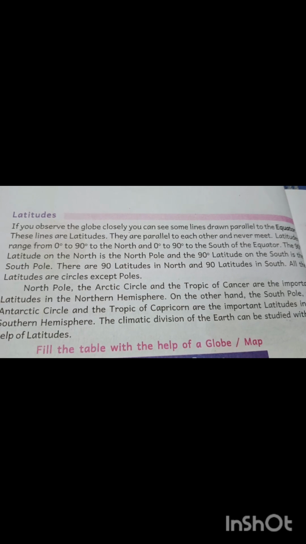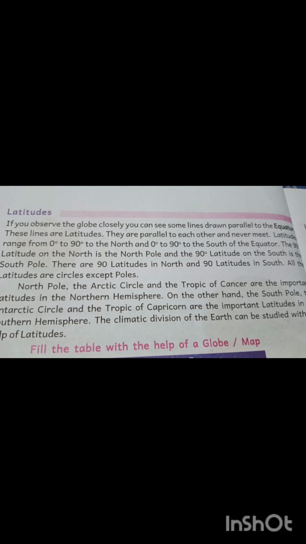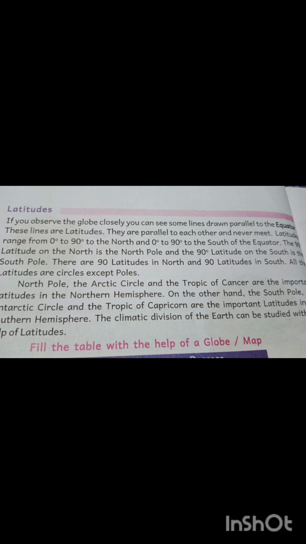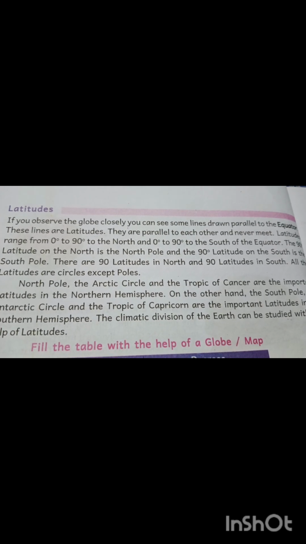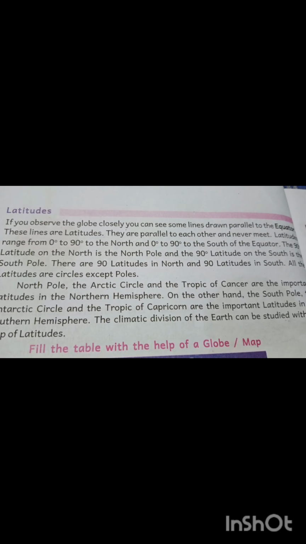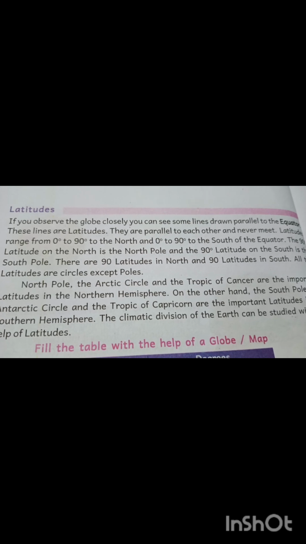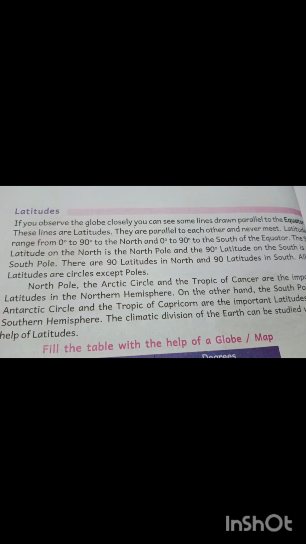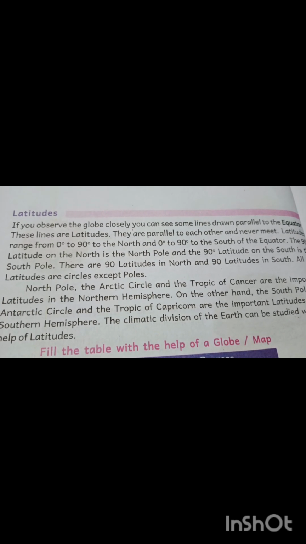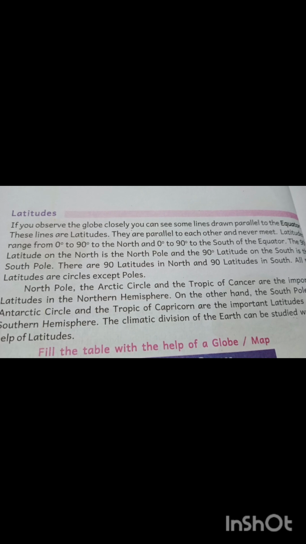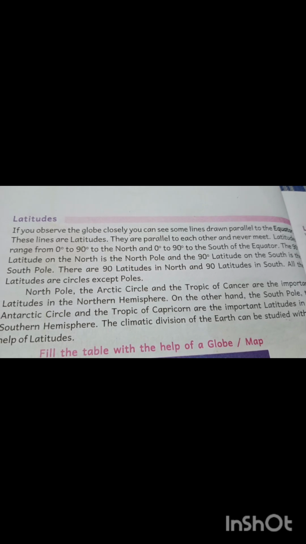The 90 degrees latitude on the north is called the North Pole, and the 90 degrees latitude on the south is called the South Pole.